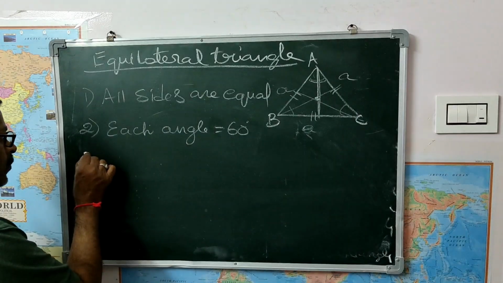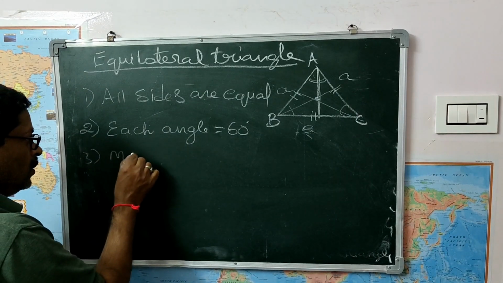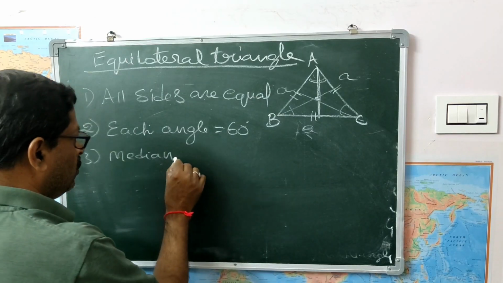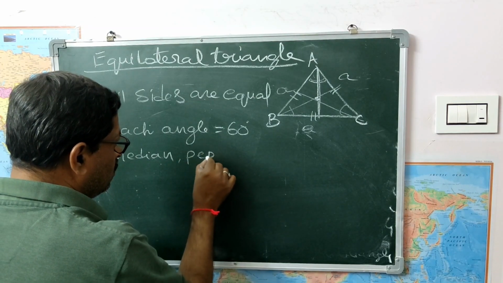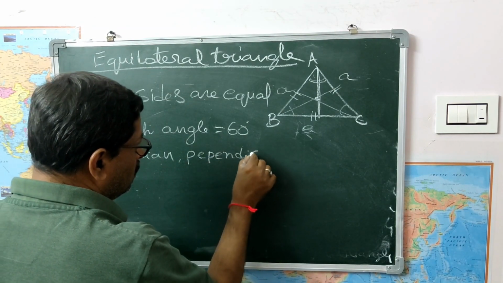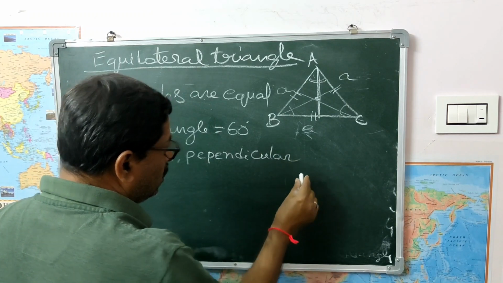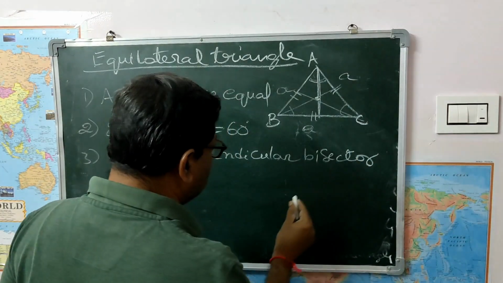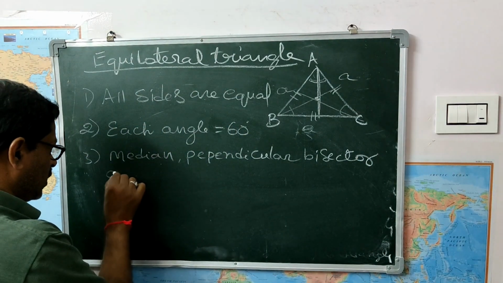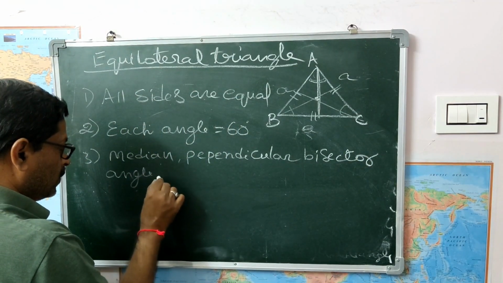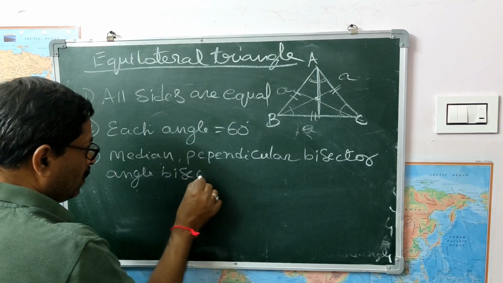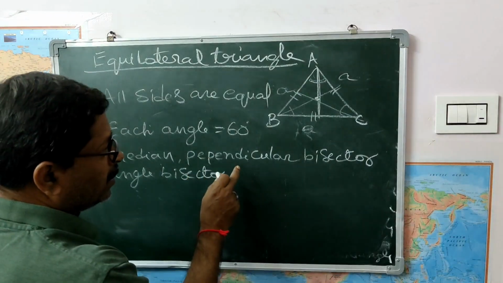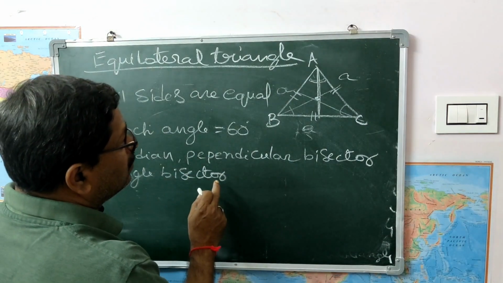So median, perpendicular bisector, angle bisector.